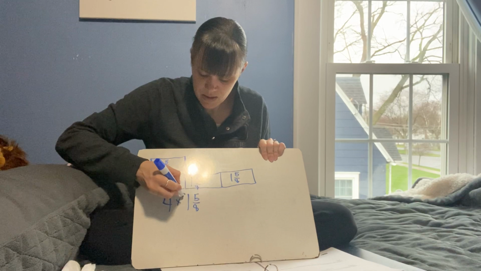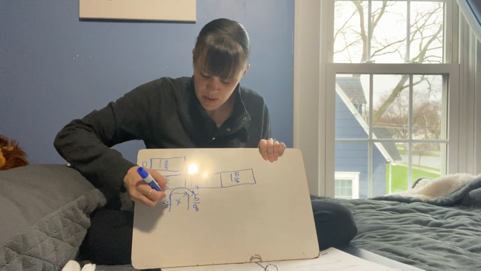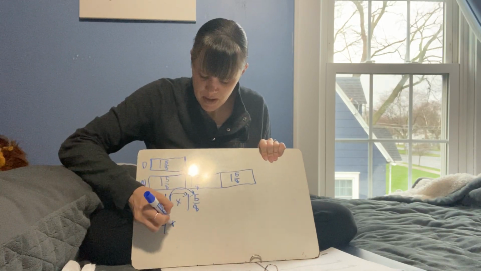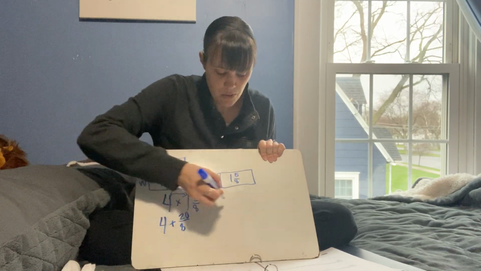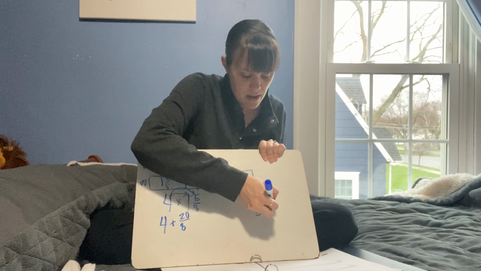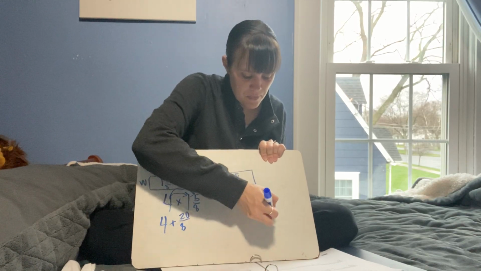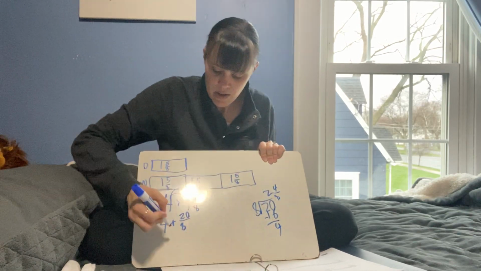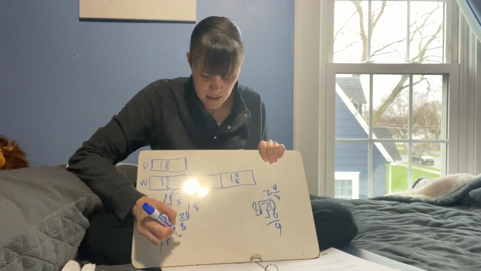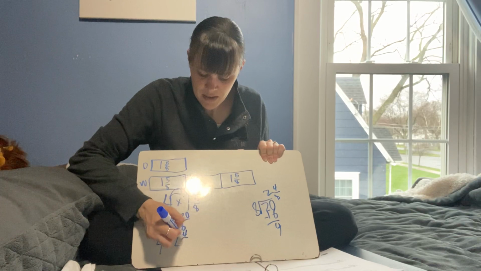Yeah, we definitely need to draw these, that's for sure. So 4 times 1 is 4, plus 4 times 5 is 20. So 8 goes into 20 twice, 16, 4, and so 4/8. So this is 4 plus 2 4/8.